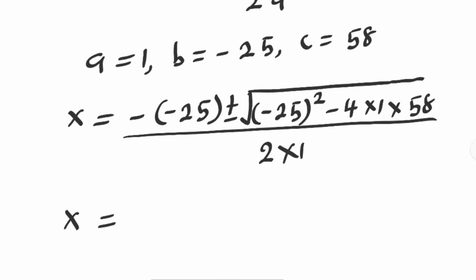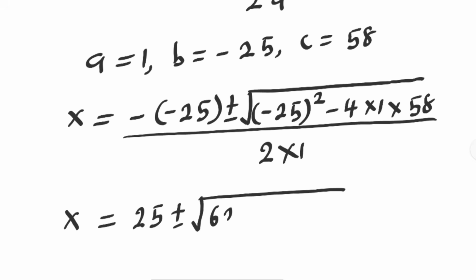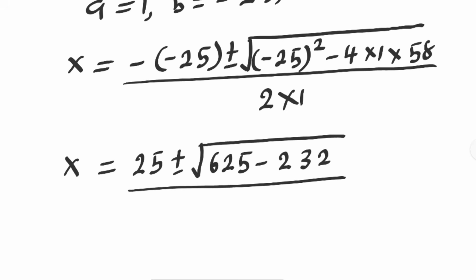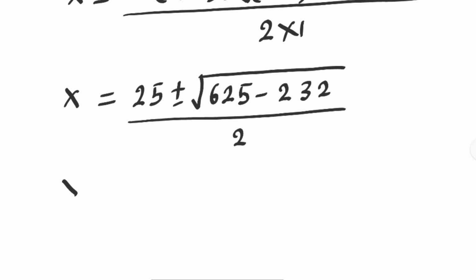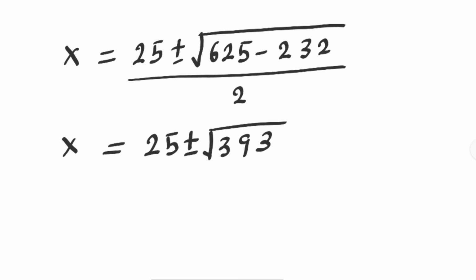x is equal to minus times minus 25, that will give plus 25, plus or minus the square root of minus 25 squared, that is 625, minus 4 multiplied by 1 multiplied by 58, that is 232, divided by 2 multiplied by 1, 2. x is equal to 25 plus or minus square root of 625 minus 232, that is 393, divided by 2.